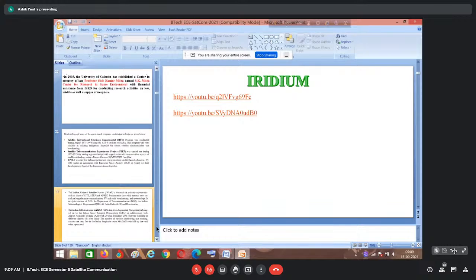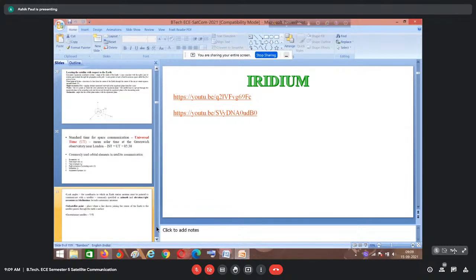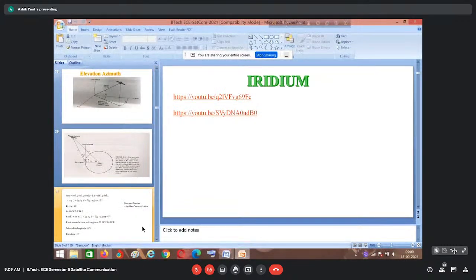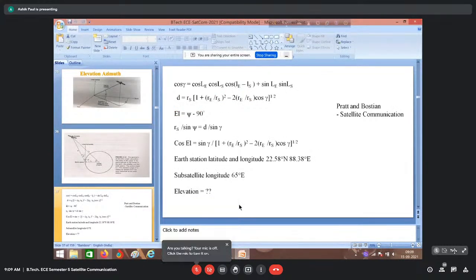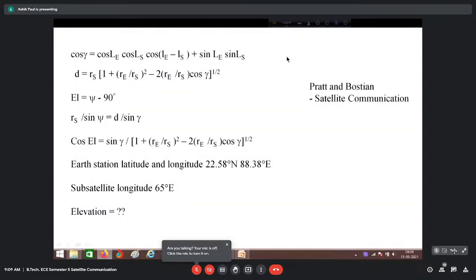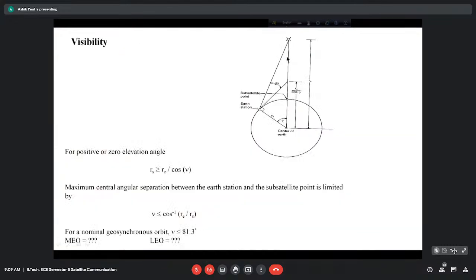So I think in the last class we had talked about the elevation, azimuth, the look angles, and we had also done a few calculations. Okay, so today we begin with the condition for visibility of satellites.